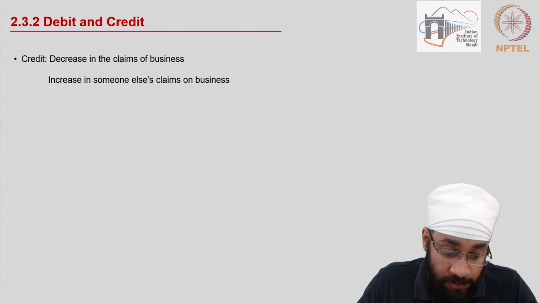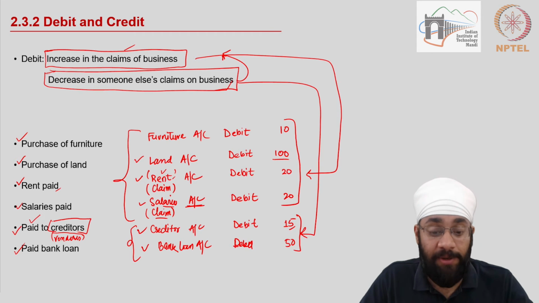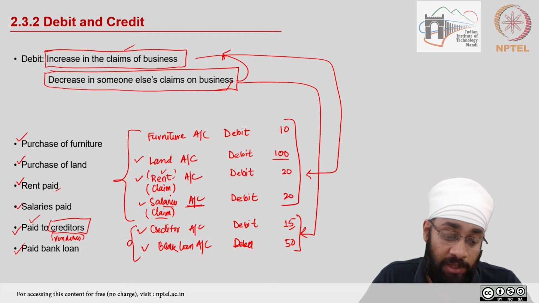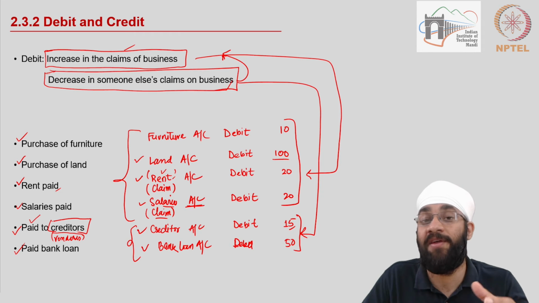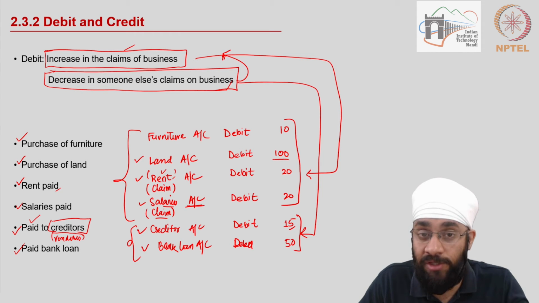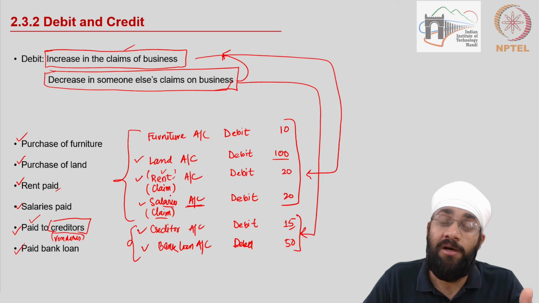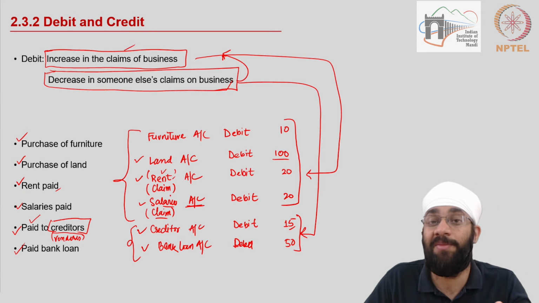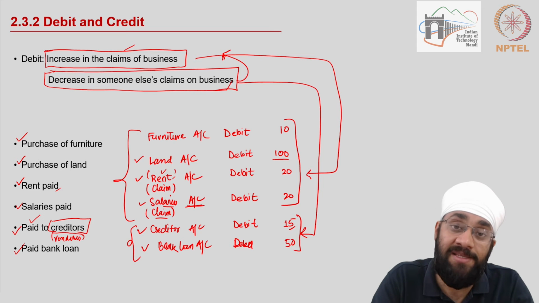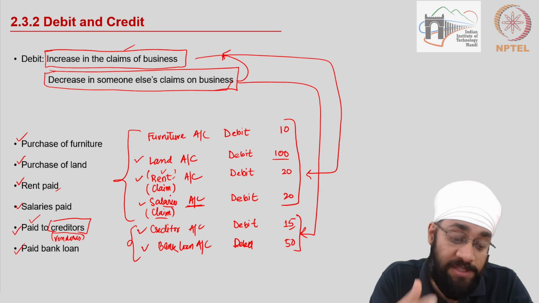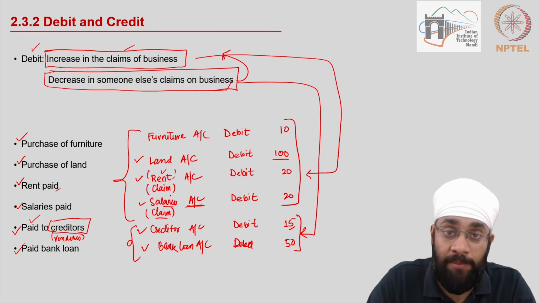Okay, so that was debit for you. We've understood that an increase in claims of the business, either by the business buying those resources, or because somebody else's claims on the business are going down, are both represented by the word debit.